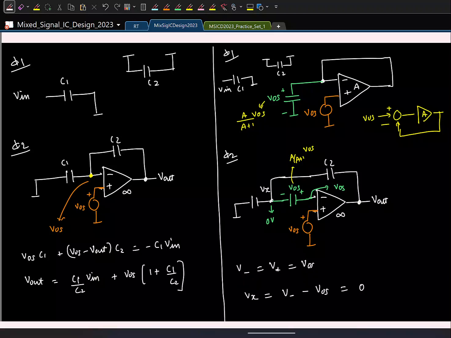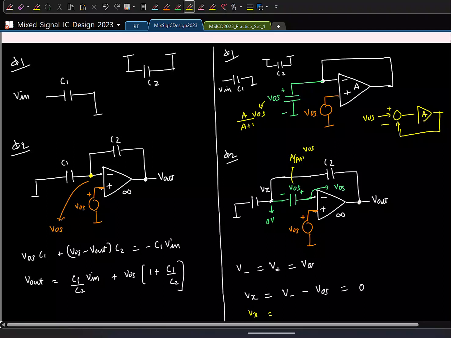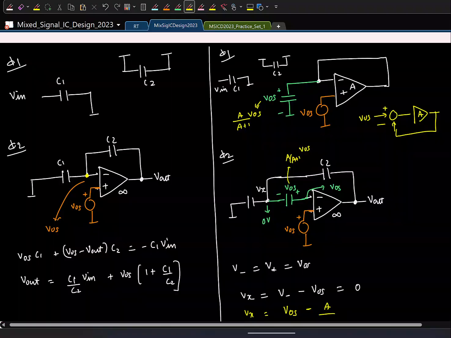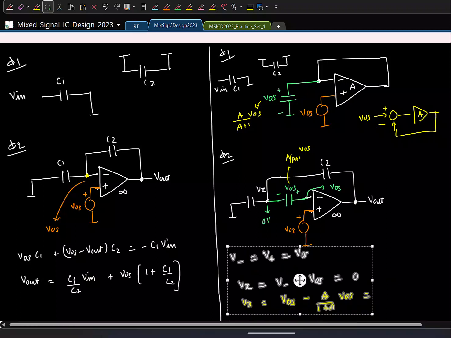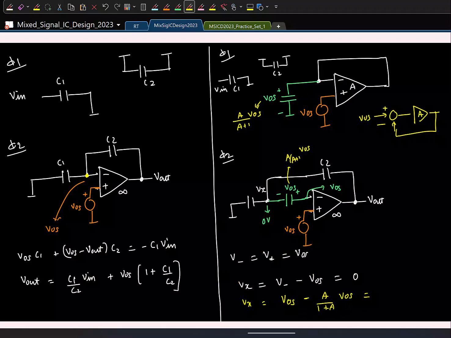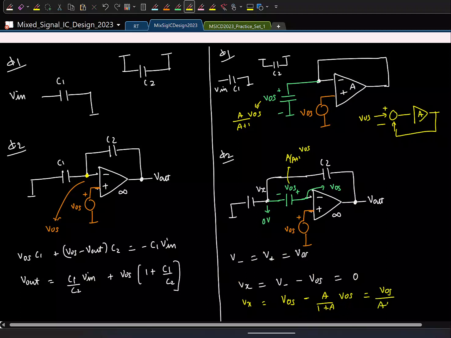So my new Vx will be the inverting terminal voltage, which we have assumed to be still VOS, minus the voltage across capacitor, which is A by 1 plus A times VOS. What is this? Yes, VOS by A plus 1, and for all practical purposes, this is VOS by A.